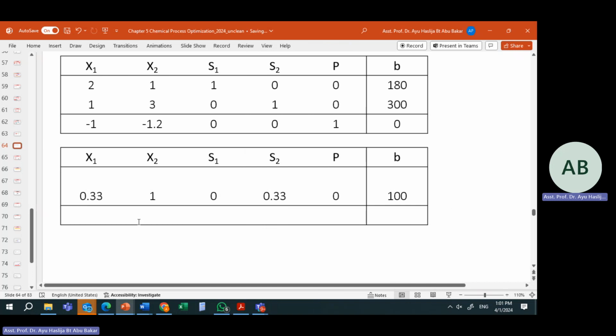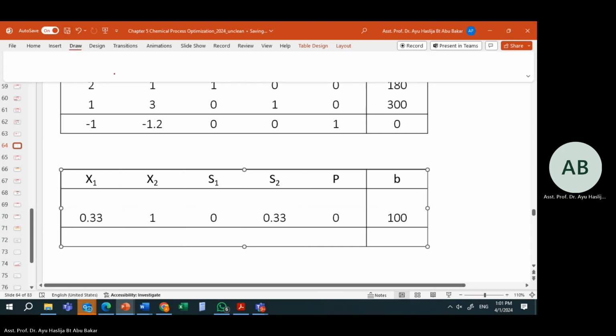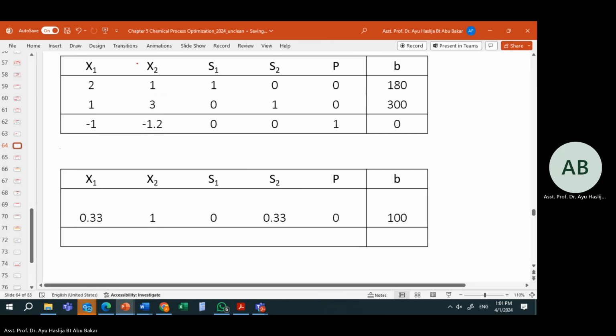We should find the factor. Top should be 0, bottom should be 0, on the pivot column.